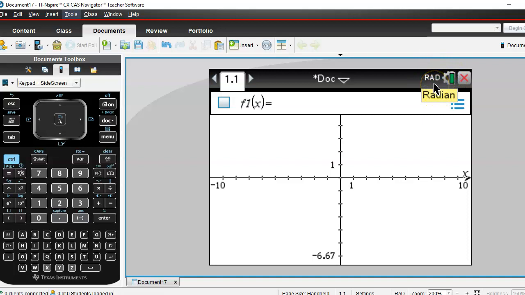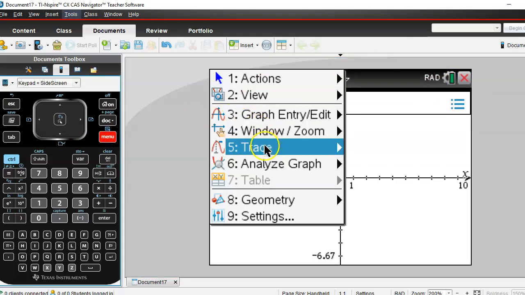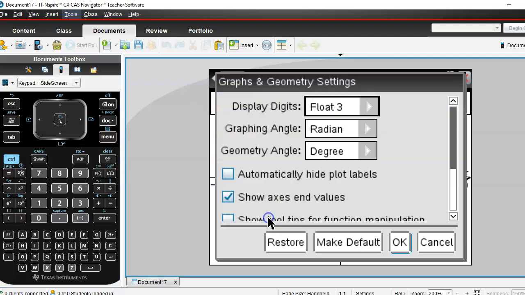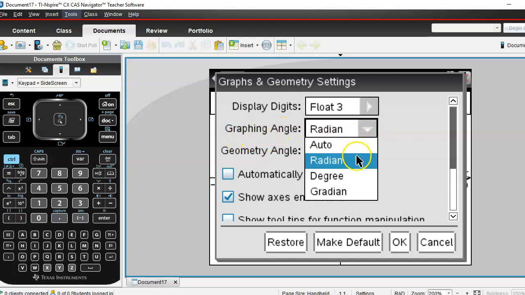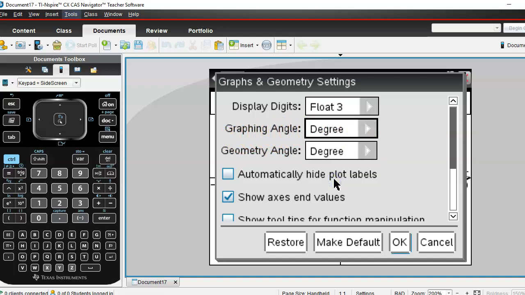So you're going to want to change that for the graphs page. That'll be the first thing we do. So go to Menu and then Settings, and this graphing angle, you want to change that to degree. Okay, I could make it default, but I'll just leave that.